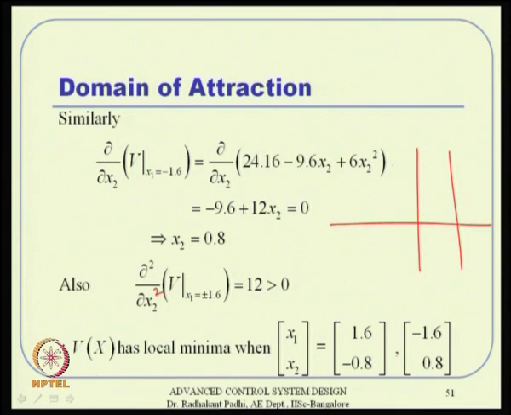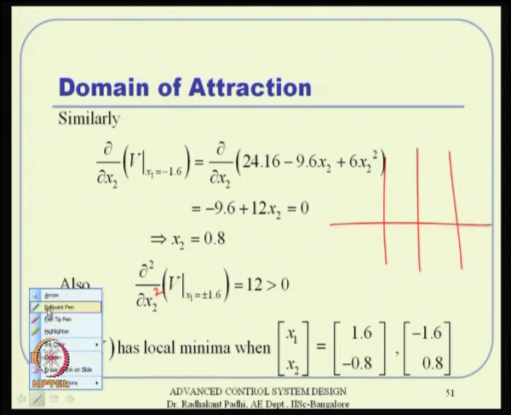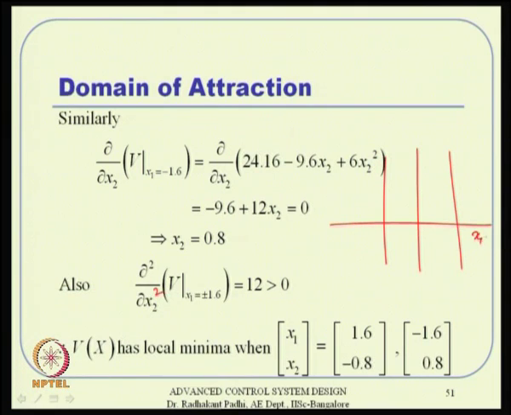So, the thing that we discussed before, that there is a stripe sort of thing, this stripe in x1, x2. This is x1, this is x2, this is 1.6, minus 1.6, the stripe that we are talking about. Now we have some x2 values also, and if x1 is plus 1.6, x2 happens to be minus 0.8 actually.